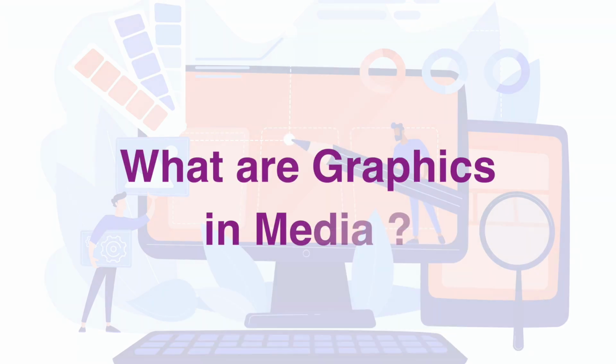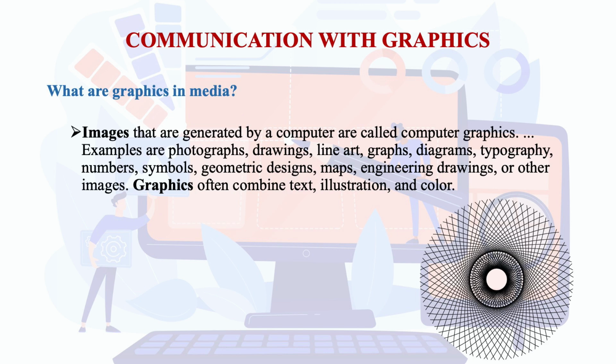Now let us discuss what the graphics media are, especially images. Images that are generated by a computer are called computer graphics. Examples are photographs, drawings, line art, graphs, diagrams, typography, numbers, symbols, geometric designs, maps and other images. Graphics often combine text, illustration and colors.